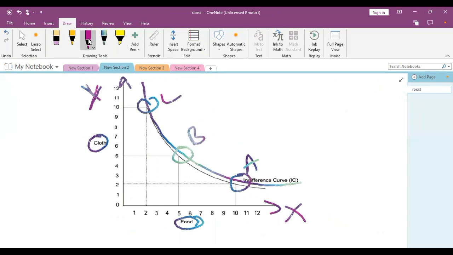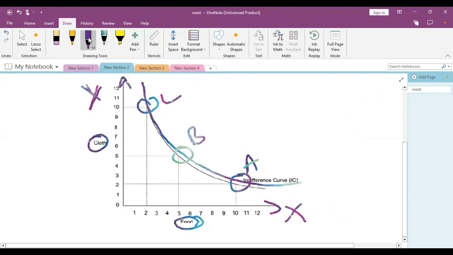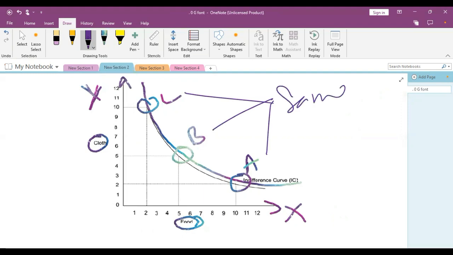So the consumer can select any point among them. Same utility or satisfaction.